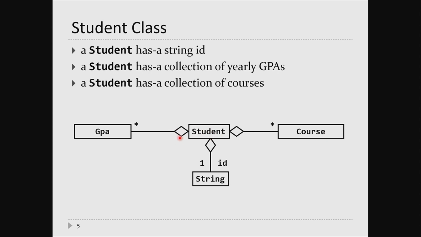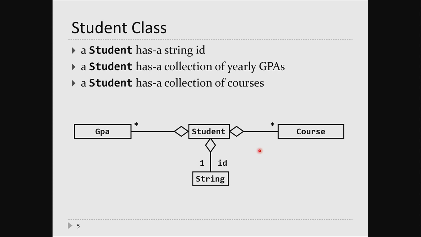So presumably this is the number of courses the student has taken over their time at the university. Student is an aggregation of 0 or more GPAs, presumably the grades they've gotten in their courses. And it's an aggregation of one string, which is their ID, their student number, for example. You can add a bunch of fields to this class if you wanted to: name, address, contact information, all sorts of stuff.